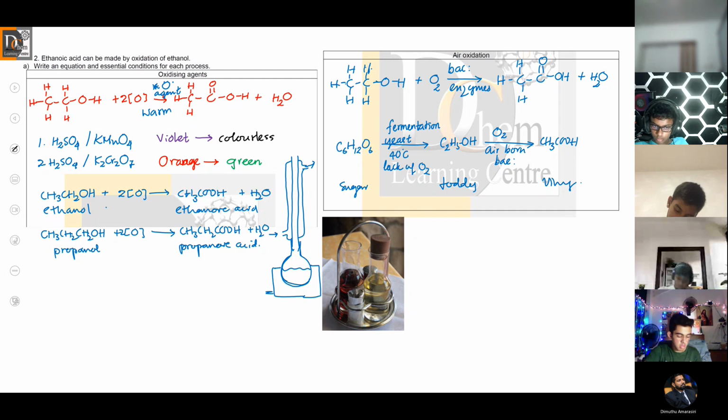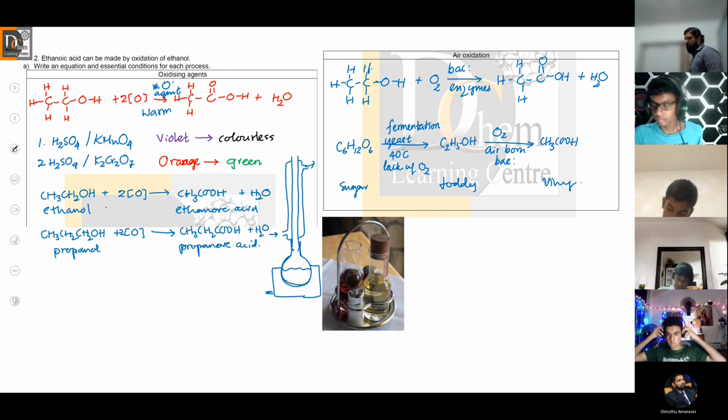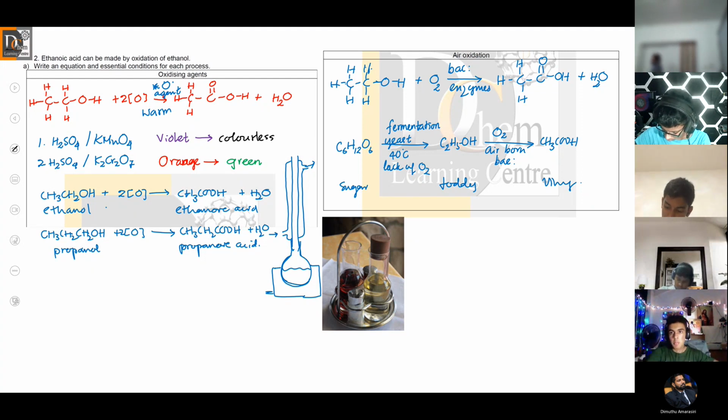When ethanol solution is exposed to air for several days, it gives a souring taste.